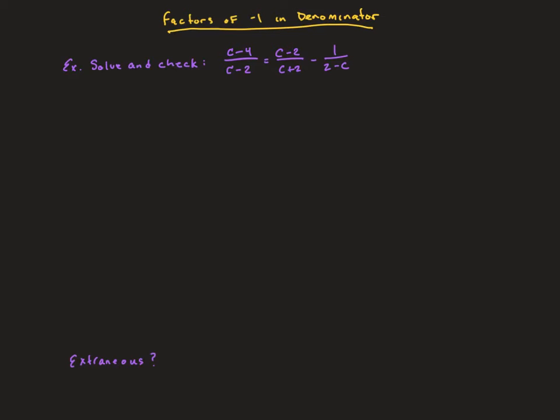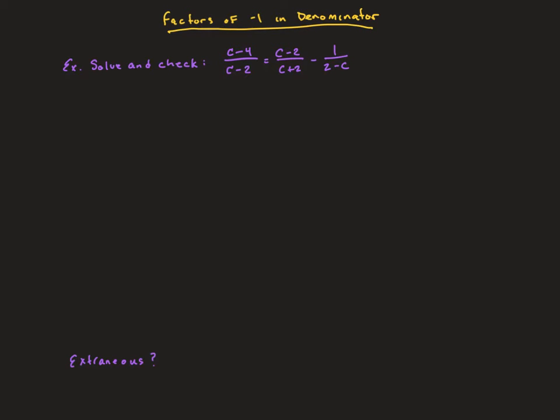Okay, so looking at using factors of -1 in a denominator, as we look for a common denominator, we do have two binomials. You'll notice that I have c minus 2 here, and then I have c plus 2, and then 2 minus c.